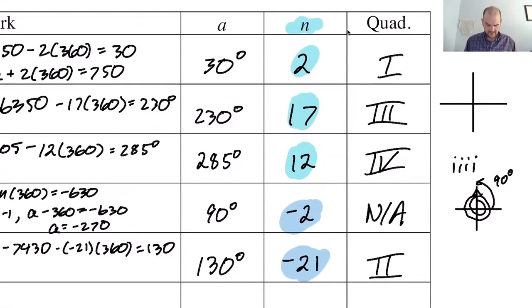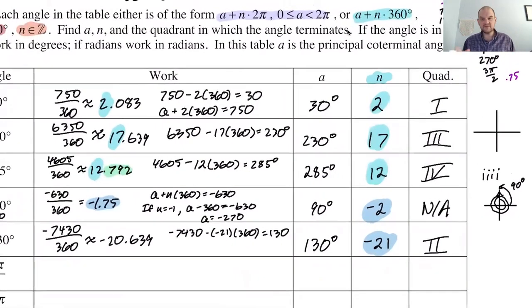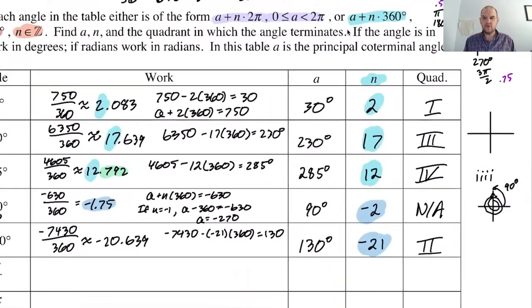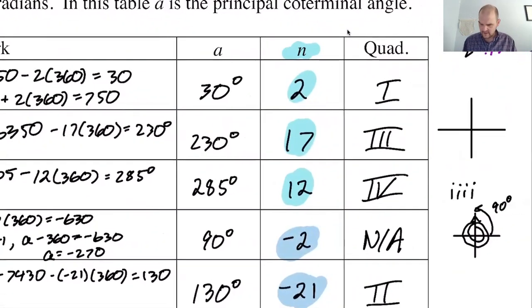So for 90 to end up at negative 630, what I'm going to do is start at 0 and go 2 negative revolutions. Here's 1, here's 2. I've gone 2 negative revolutions. Then from there, I'm going to rotate back the 90.